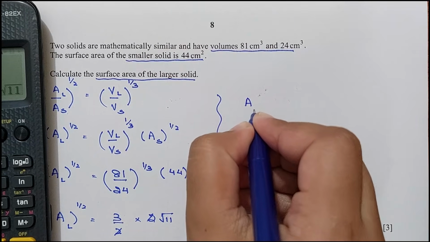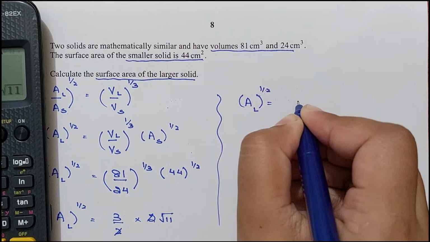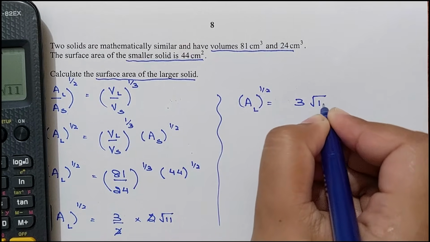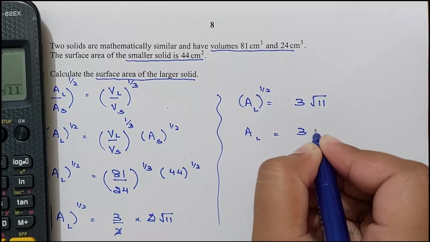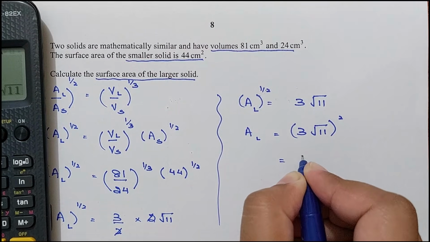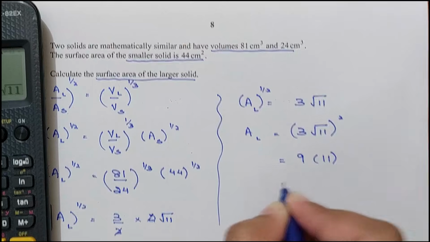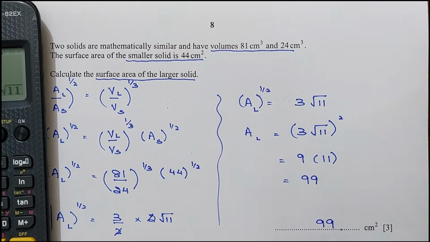Okay, so area of larger to the power 1 by 2 is 3 square root of 11, right? So taking the square on both sides, 3 square root of 11, its whole square. So 3 square is 9, square root of 11 squared is 11, 9 times 11 is 99. So this is 99 centimeter square.